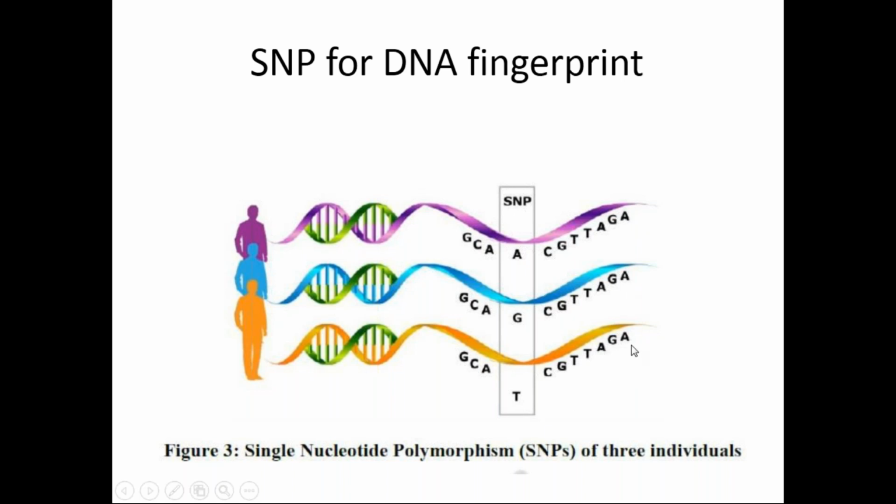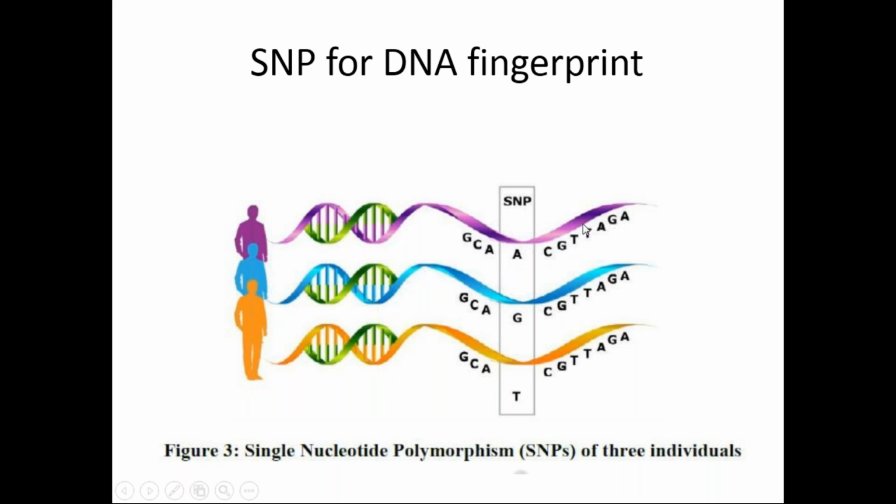When we amplify this SNP region by PCR and send the amplified product for sequencing, we get a sequence. After sequencing, we get three different types of SNP.